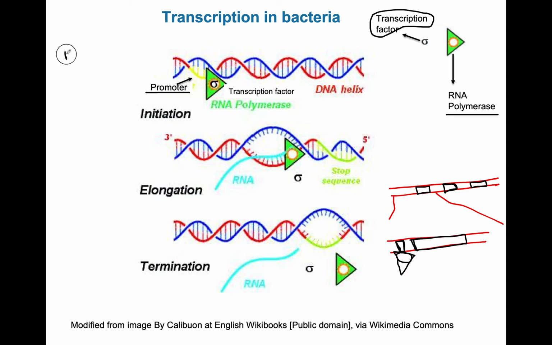As we know, A hydrogen bonds with T, and there are 2 hydrogen bonds, and then G hydrogen bonds with C. Except when you make RNA, you don't place a T in the RNA, you place a U. Okay? So then the information is copied. And also notice another thing that is different as compared to replication: only one strand is being copied. The other strand is not being copied.